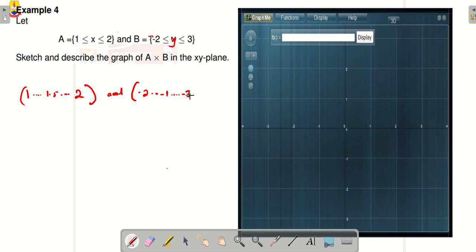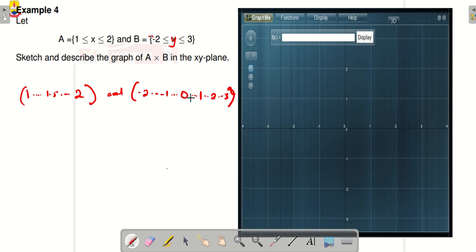You will have -2, or even 0 will come. So -1, then 0, then maybe 1, then 2, and finally 3.